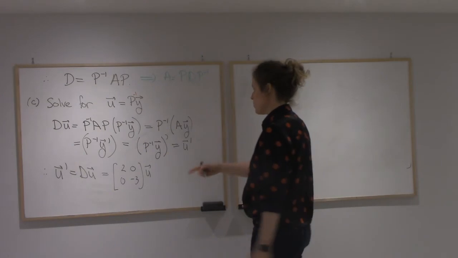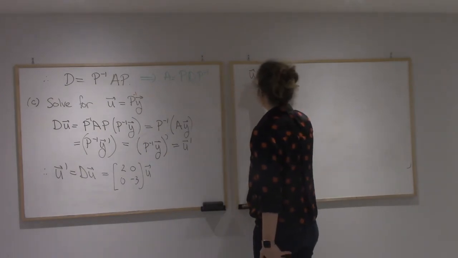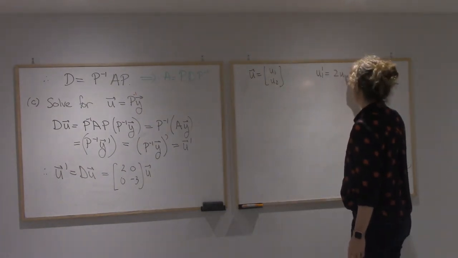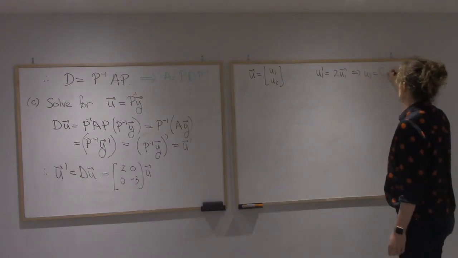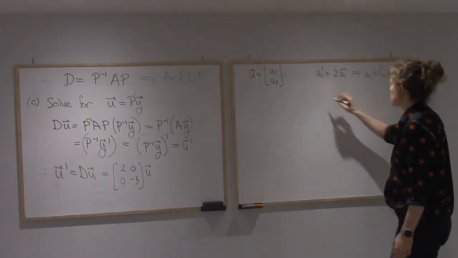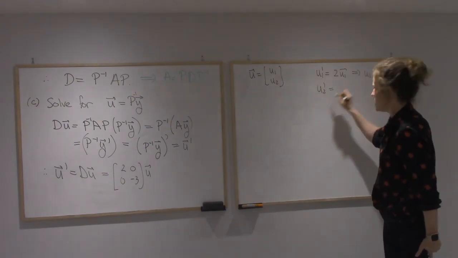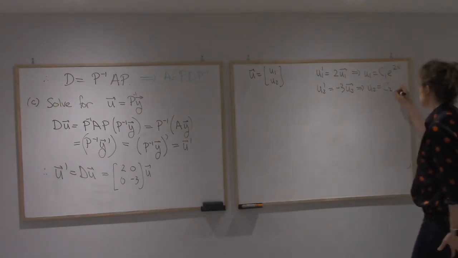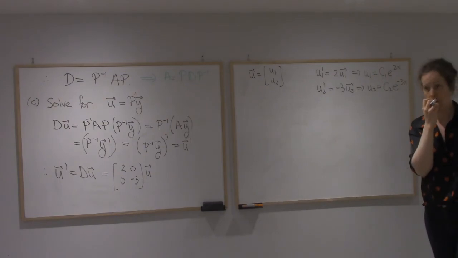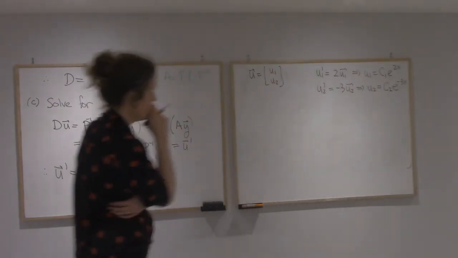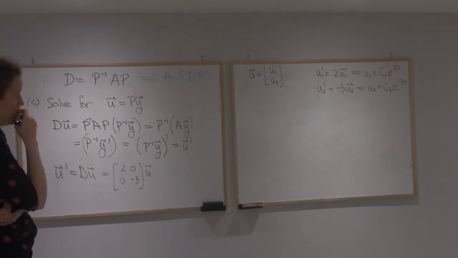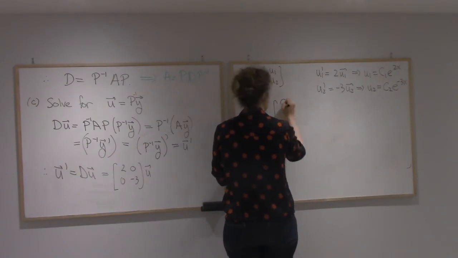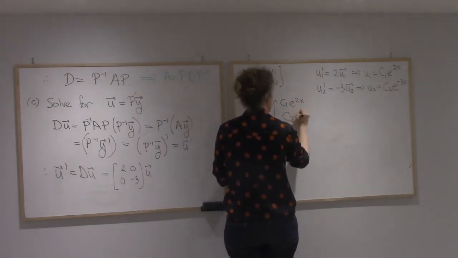All right, so at this point we've done this before, but we get that if u is u1, u2, then u1 prime is 2u1, which means that u1 is c1 e to the 2x, and u2 prime is minus 3u2, which means that u2 is c2 e to the minus 3x. And so u is c1 e to the 2x, c2 e to the minus 3x.